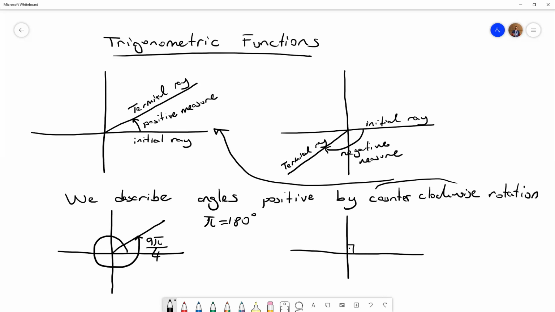Say this one is P over 2, and this one is P, and we have also P here, and of course this one is 2P. So if we want to measure this one, this is 3P. Yeah, like that. Now we are starting with trigonometric functions.